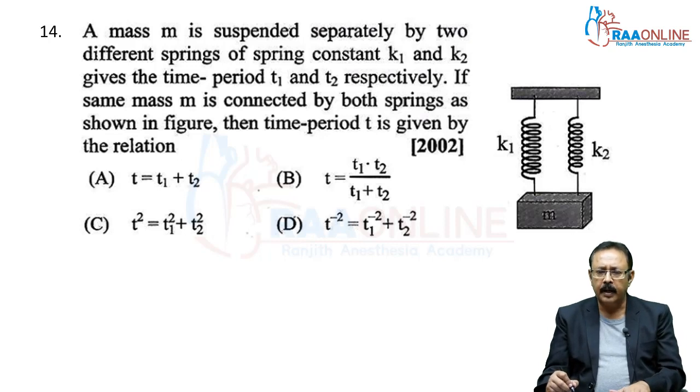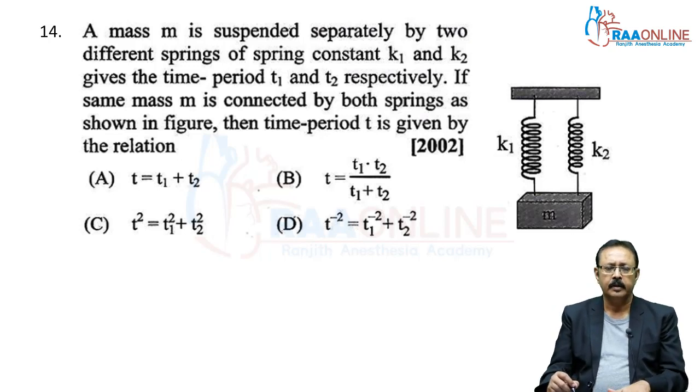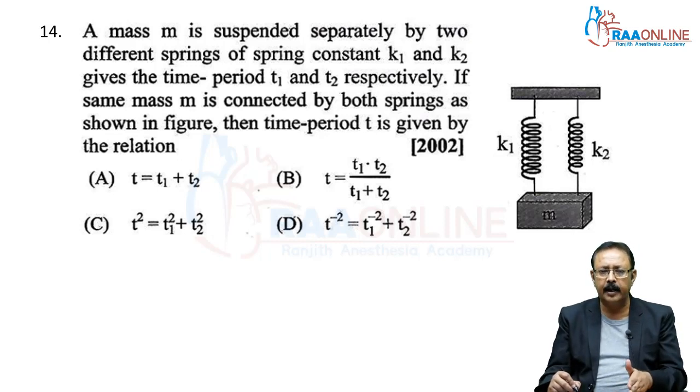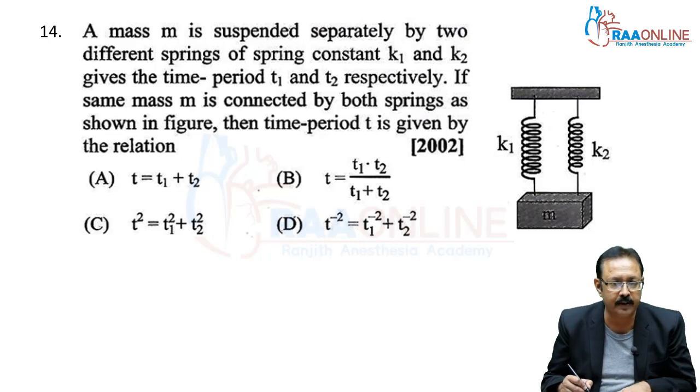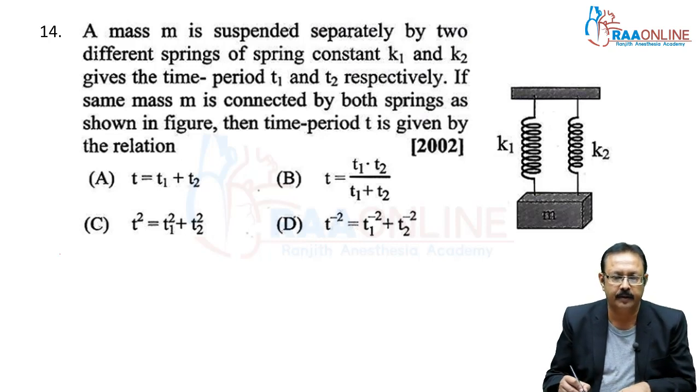Next: a mass m is suspended separately by two different springs of spring constants K1 and K2, giving time periods T1 and T2 respectively. If the same mass m is connected by both springs as shown in the figure, the time period T is given by... What is the formula for time period?